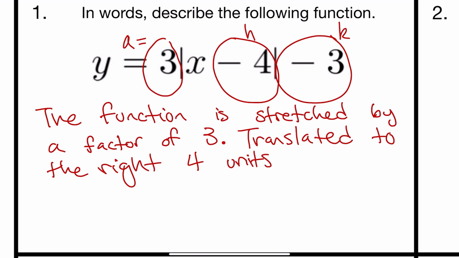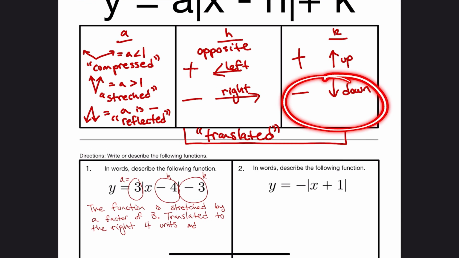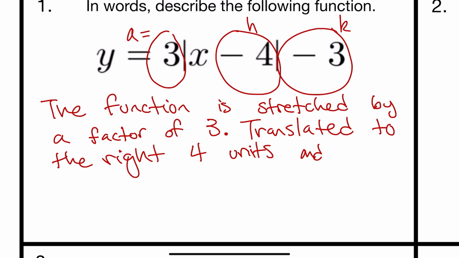Translated to the right 4 units, and because remember your K is also going to be translated. K. Okay, it's -3. So let's take a look at our words. K is negative, so that means we're going down. So it's going to be translated to the right 4 units and down 3 units. And that's our description.